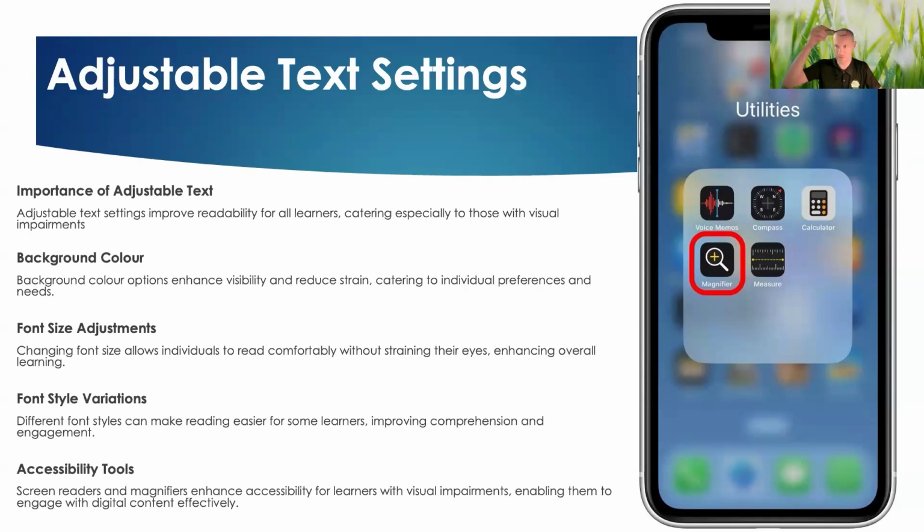So I constantly live with my glasses on my head. Now if I'm at a restaurant and I struggle to read the menu, my magnifier app is probably the app I use more than anything on my phone.